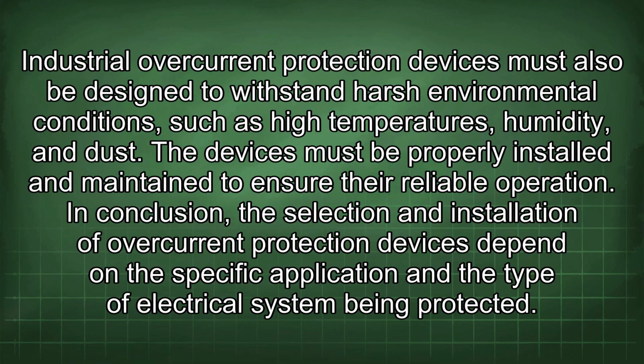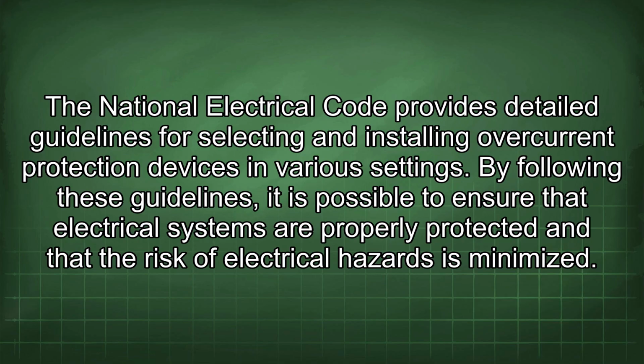In conclusion, the selection and installation of overcurrent protection devices depend on the specific application and the type of electrical system being protected. The National Electrical Code provides detailed guidelines for selecting and installing overcurrent protection devices in various settings.